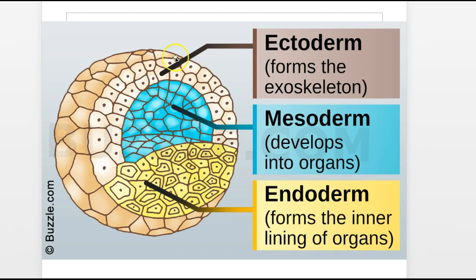This outer part is going to become the outer part of your body, the skin. The mesoderm in the middle, same thing, is going to be developed into organs, and then the endoderm was on the most inside. It's going to be the inner lining of the organs, your respiratory tract, for example.